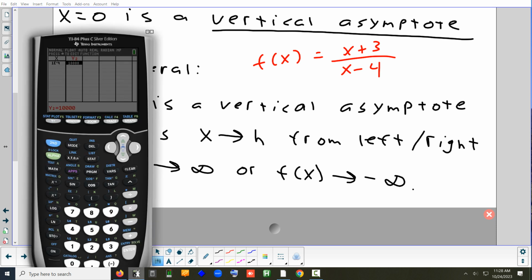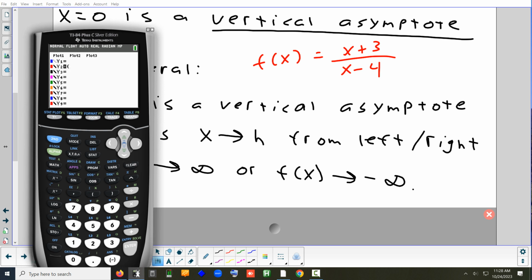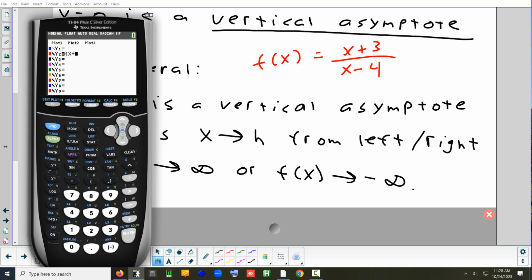So if you graph that on the calculator, I'll show you what it looks like. Type in x plus 3 divided by x minus 4. As you get close to 4, the graph is going to curve up and down. Okay, so there's your vertical asymptote at 4.